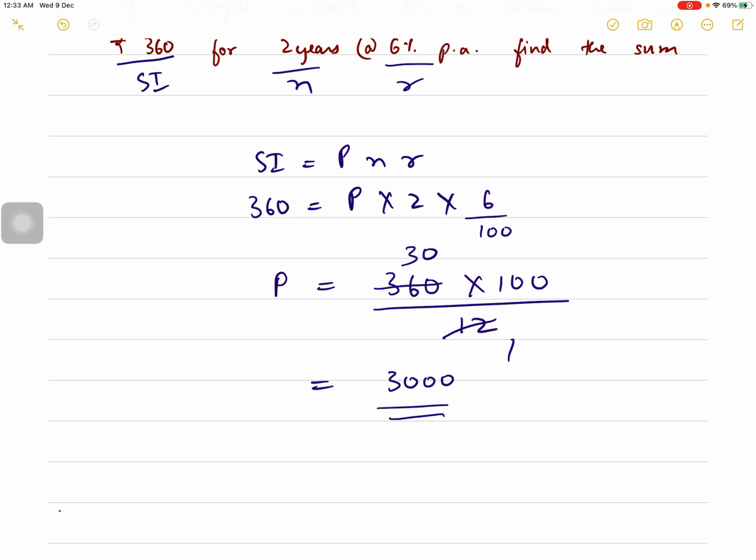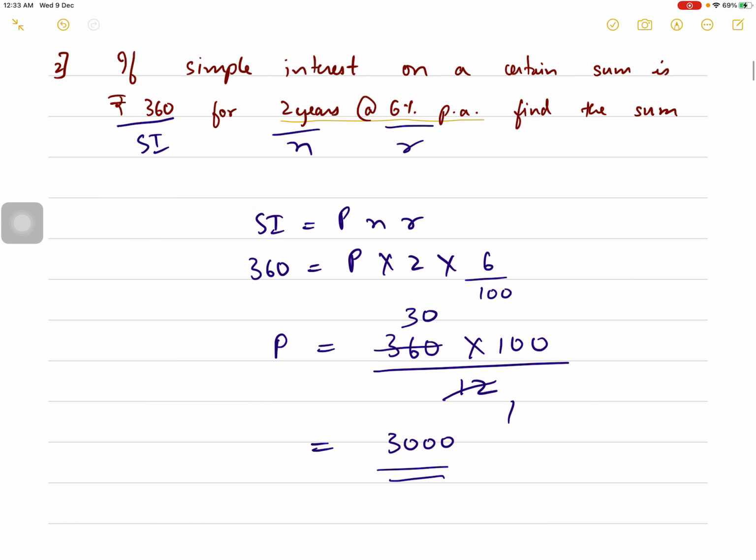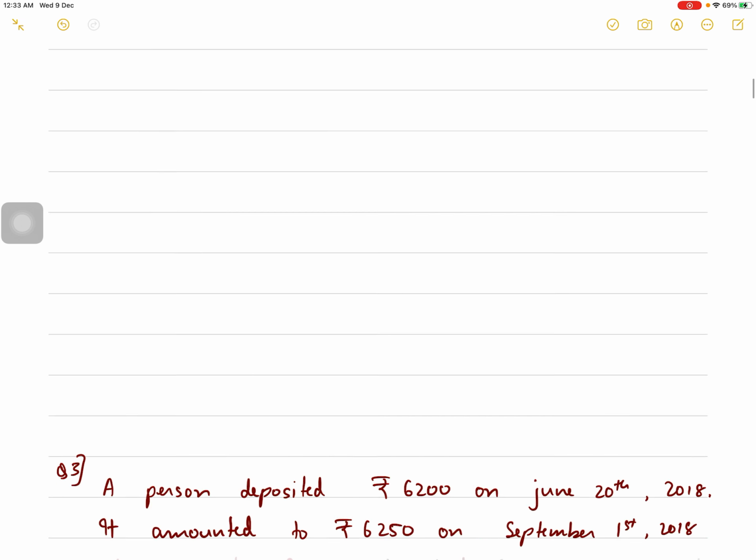So principal is equal to 3000. Next problem.